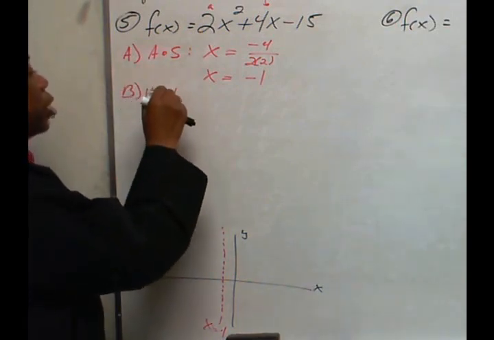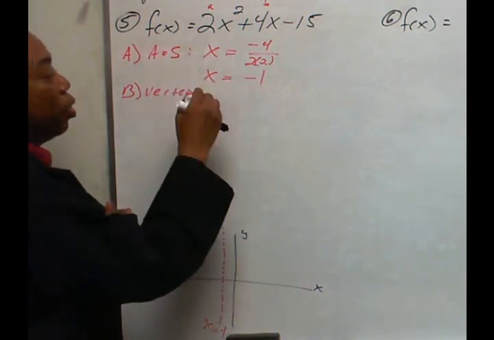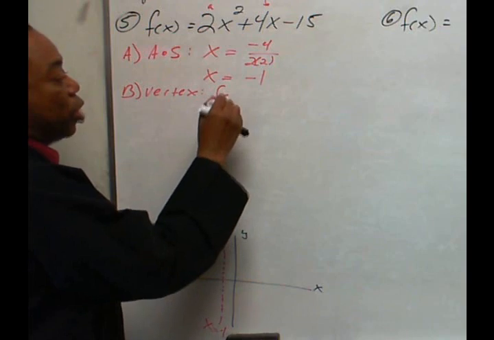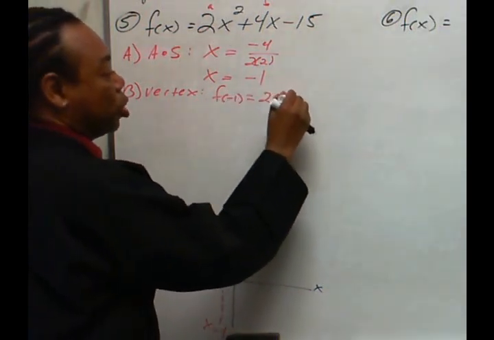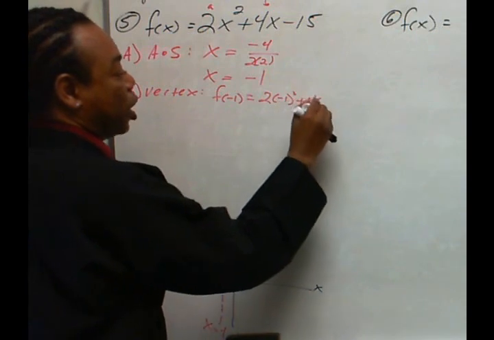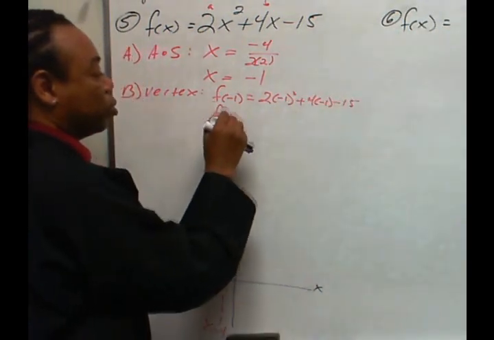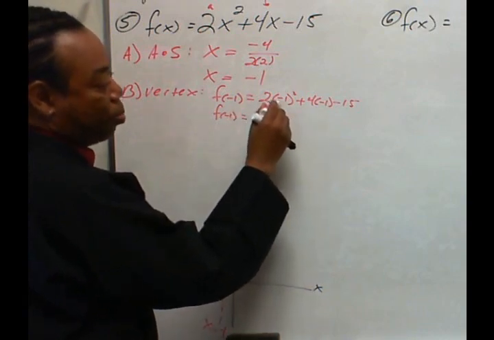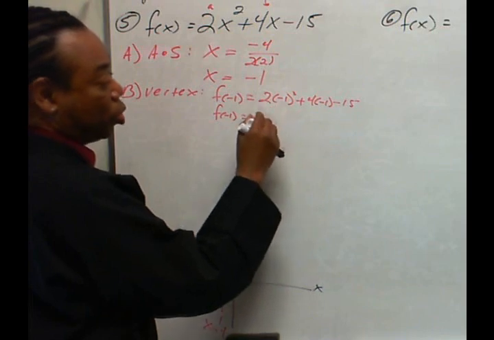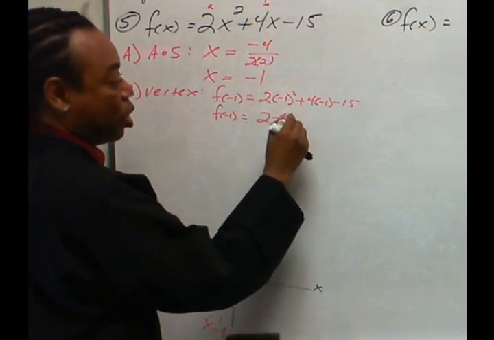Next, we want the vertex. We find the vertex by putting -1 into the function itself. So f of -1 would be 2 times -1 squared plus 4 times -1 minus 15. This will be -1 times -1, which is 1, times 2, which is 2. 4 times -1 is -4, and then -15.